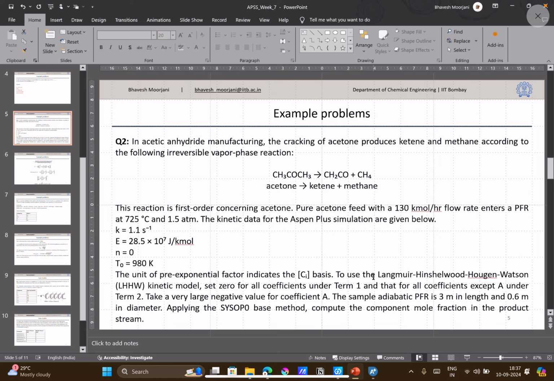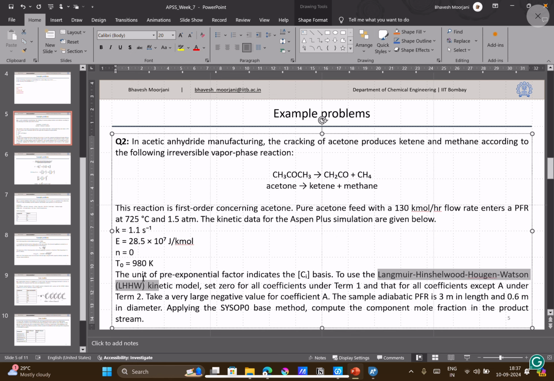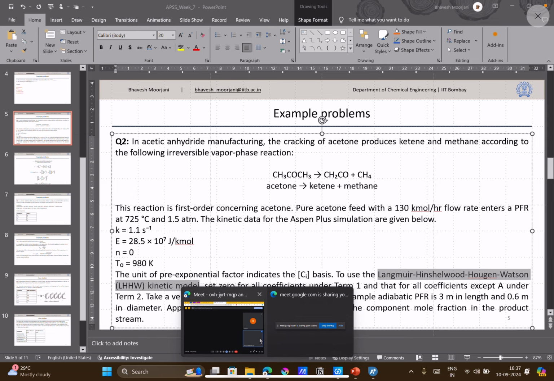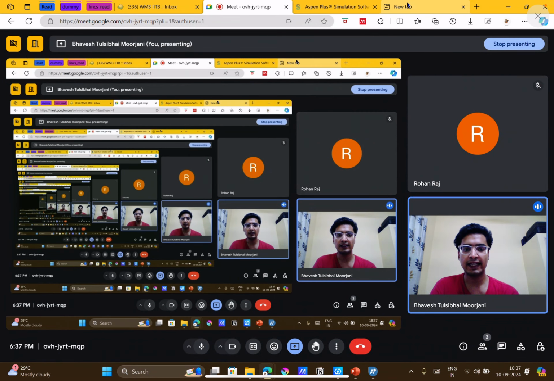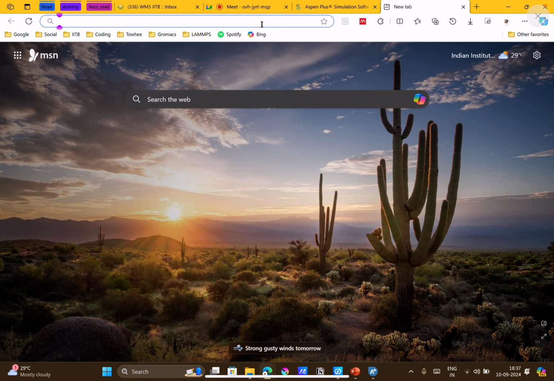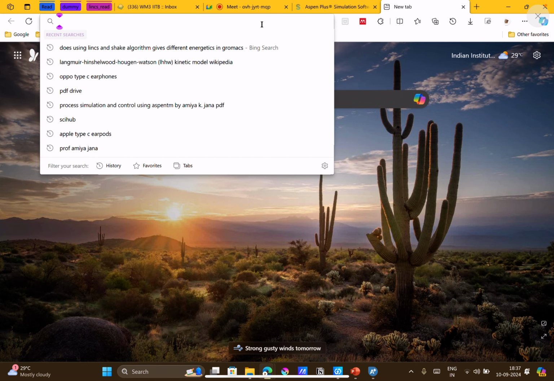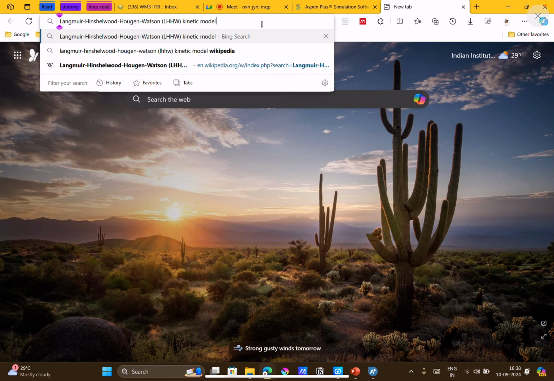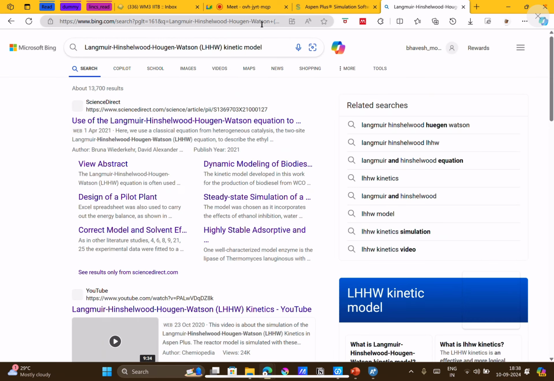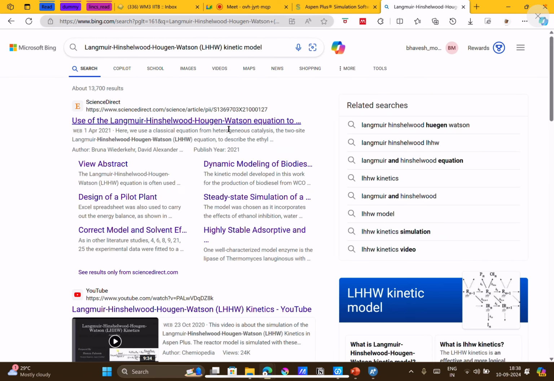Do any of you know this kinetic model? This model is particularly used for a heterogeneous reaction system.